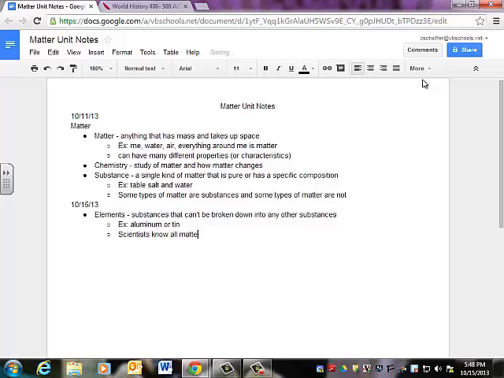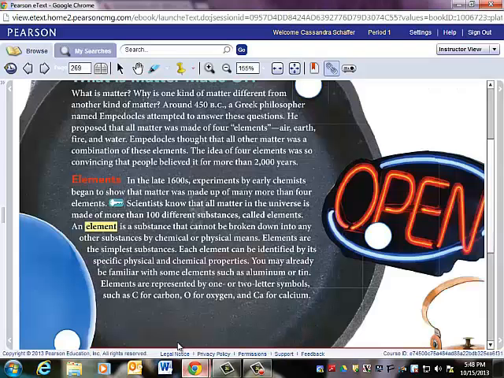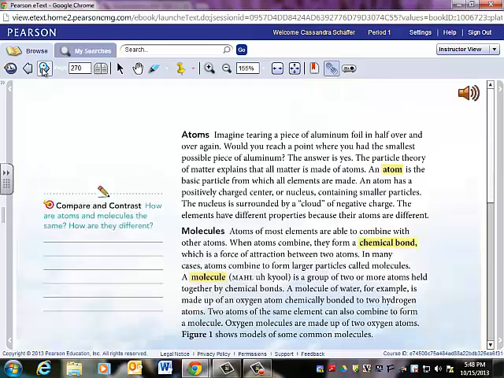Scientists know all matter is made of 100 different elements. Good. Now if we go back to our reading, I think that covers all of the important pieces in this last section. So let's move on to page 270.